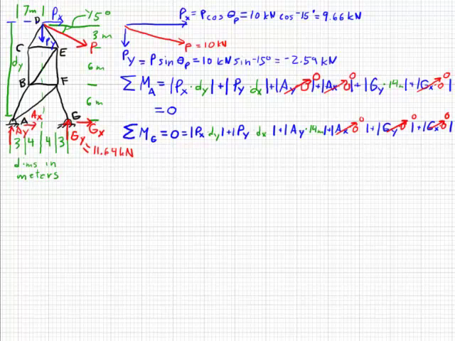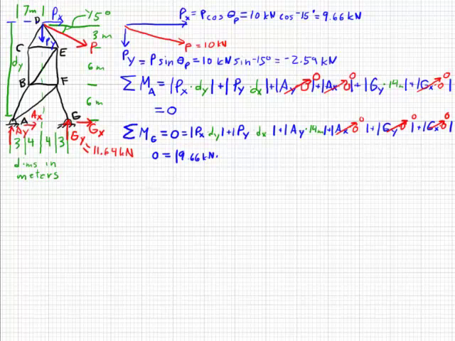So our equation looks like this. 0 equals Px, which is 9.66 kilonewtons, times the distance.